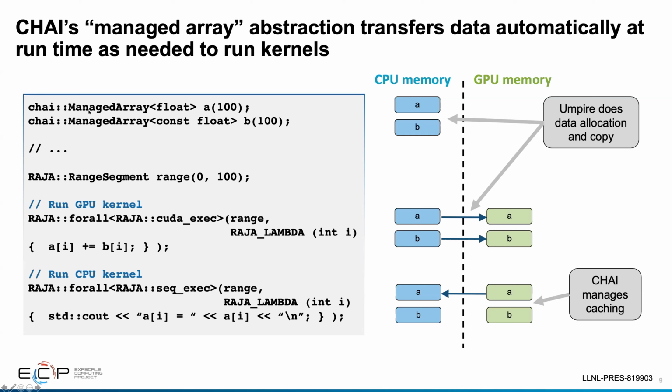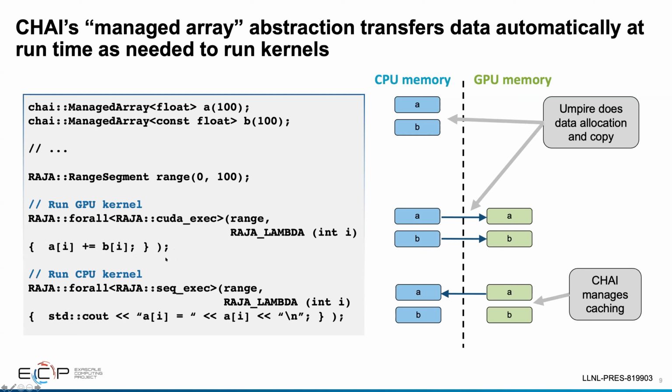So as an example of this, this code snippet here illustrates allocating arrays on the CPU. And then once a GPU kernel is encountered, CHAI will recognize this and trigger the movement from the CPU onto the GPU. The actual data movement is actually done through Umpire. So under CHAI sits Umpire performing the CUDA allocations and movements. CHAI is just there to orchestrate this.